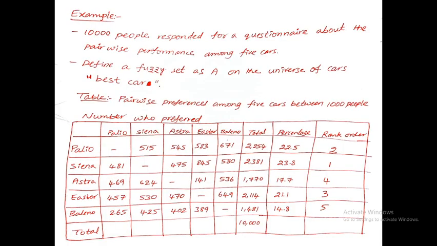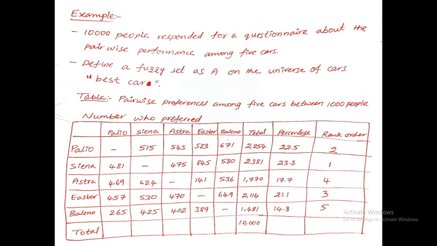For example, let us take 10,000 people. A survey has been conducted on 10,000 people. So 10,000 people responded to a questionnaire about the pairwise performance among 5 cars. Okay. So in that, define a fuzzy set A on the universe of cars, best cars.